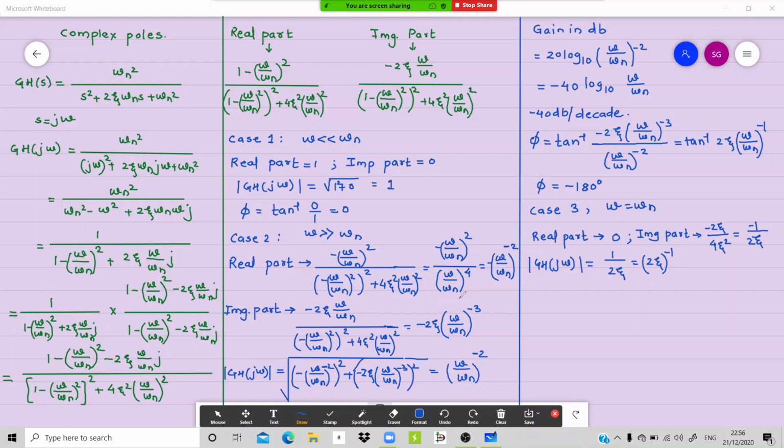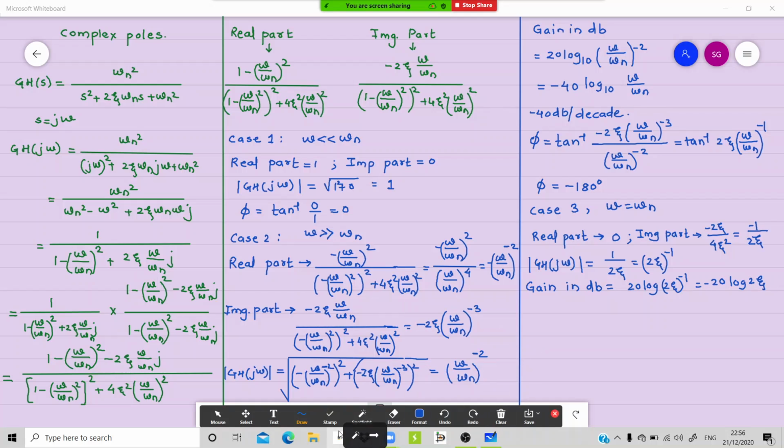Now see, if the zeta value increases or decreases, then what is going to happen? So first I'll write gain in dB. So gain in dB is equal to 20 log 2 zeta raised to minus 1, that is minus 20 log of 2 zeta.